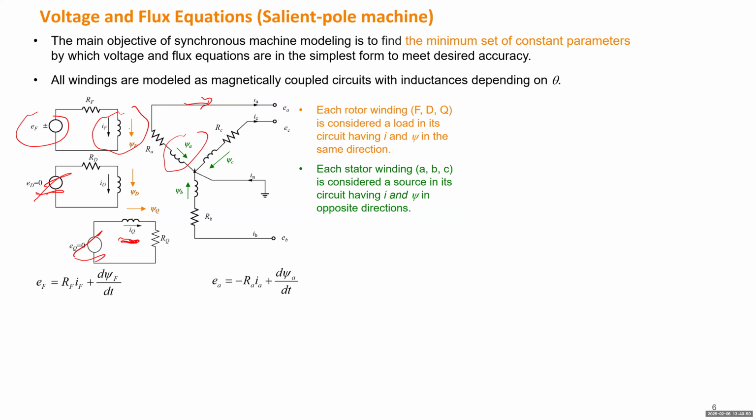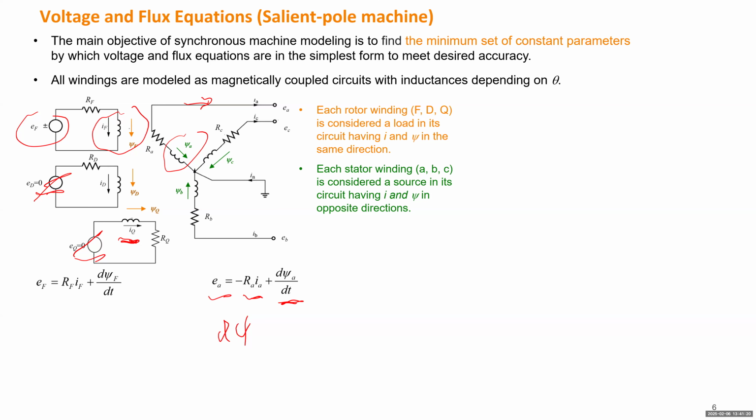If we pick winding A, the source is actually the flux linkage. This one induces electricity, and that one will generate a voltage drop, first on the resistance, then on EA. EA is actually treated as a load, which is the voltage added to the external world.